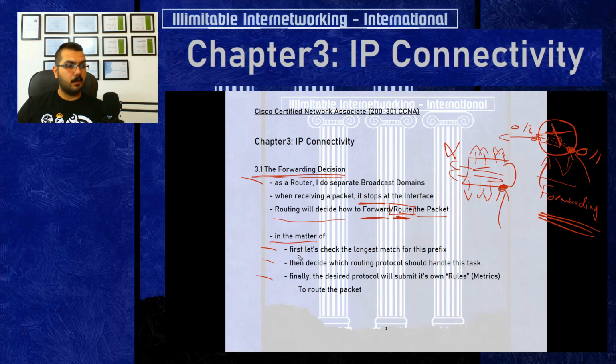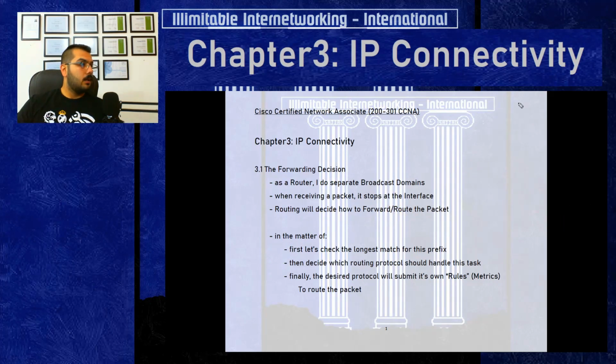These will be: first, let's check the longest match for this prefix. What do you mean by longest match? Let me tell you, the longest match is how much the IP address and its subnet mask is matching the available options, or matching the required specific destination that the packet must reach.